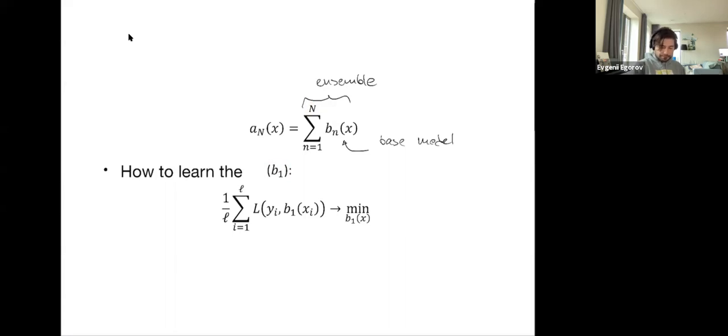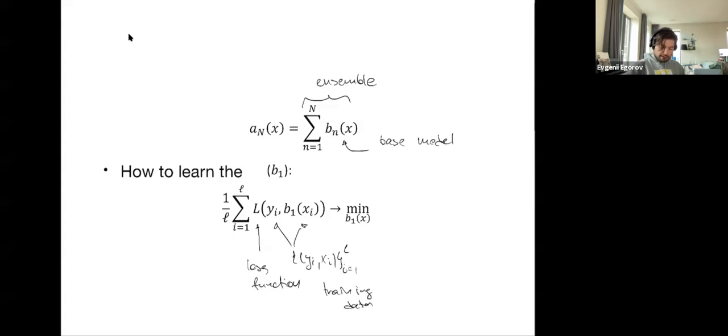We have some loss function, which depends only on our task, so it's fixed for training all members of the ensemble. Also, we have some fixed training data set. So it's our training data.